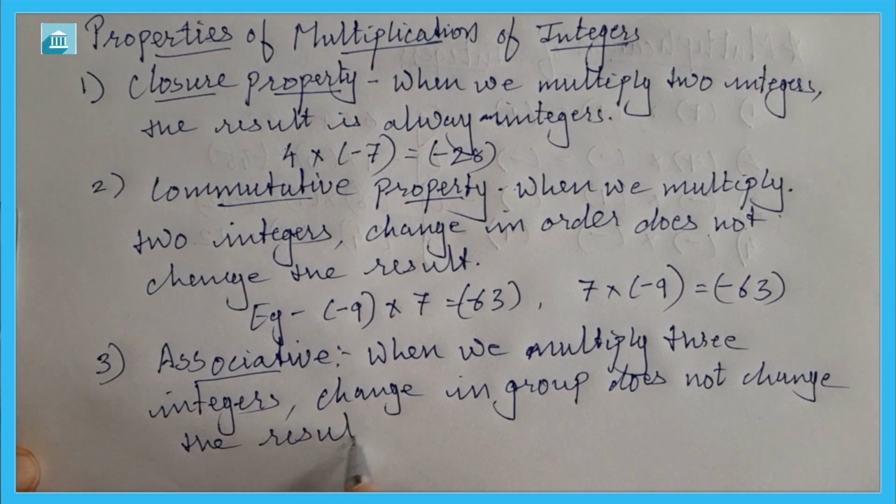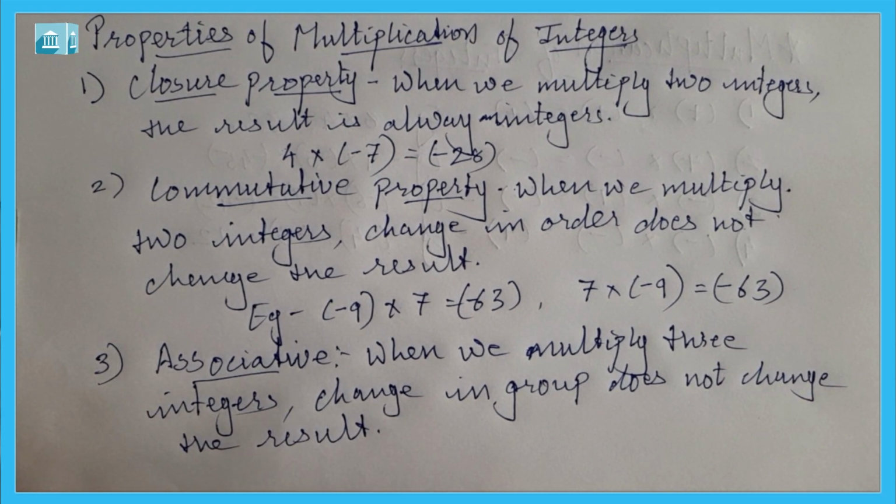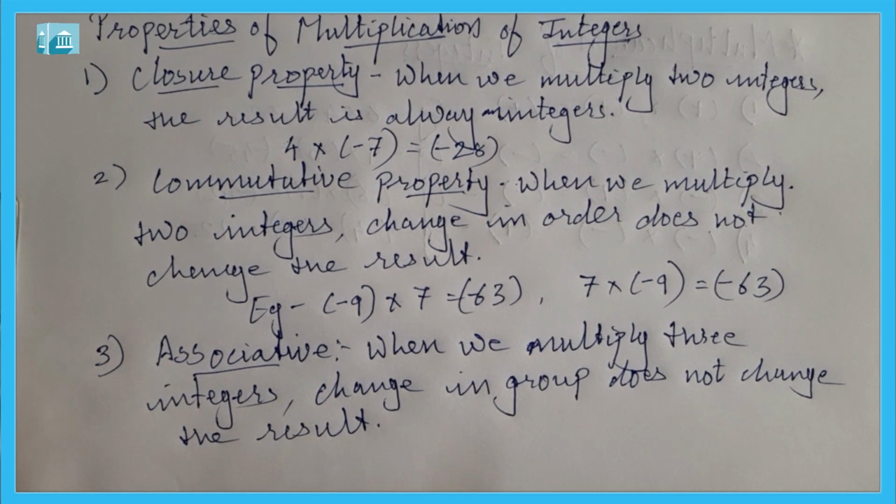When we multiply three integers, change in group does not change the result.